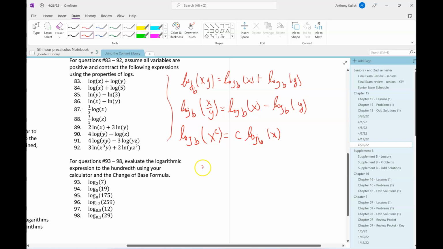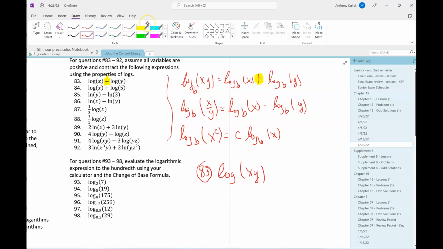So for example, if we're doing 83, I notice that I see the plus sign, so I could use the product property there, just to write that as log of xy.